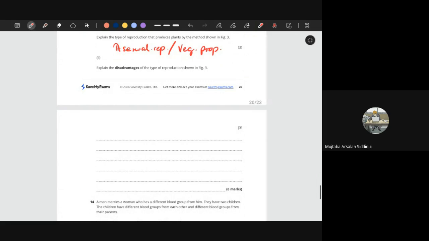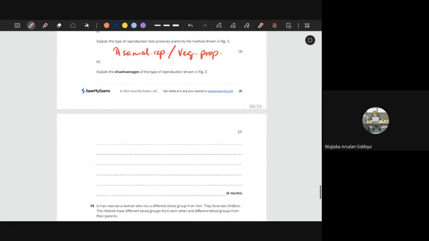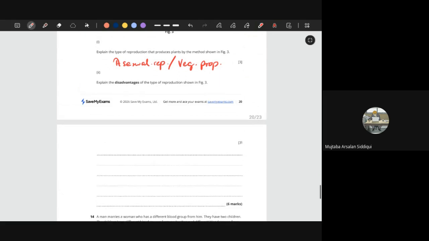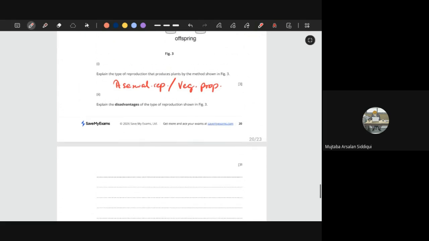Then the disadvantage of reproduction shown in figure 3. Other than describing that this is asexual reproduction, it says explain, right? So you will say that it produces genetic twins, right? And there is no meiosis.